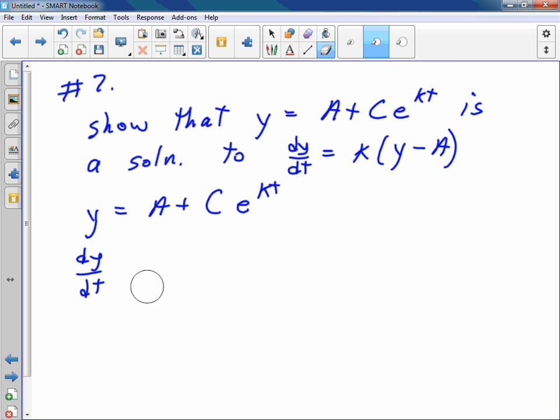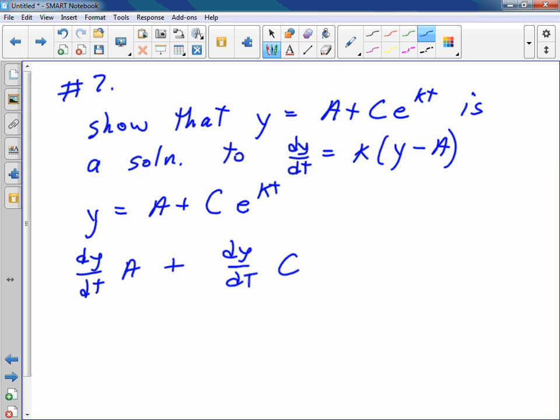Okay, that C is messing with you. Let's think about it like this. What if I wrote this as dy dt of A plus dy dt of C e to the kt? Then what would you do?